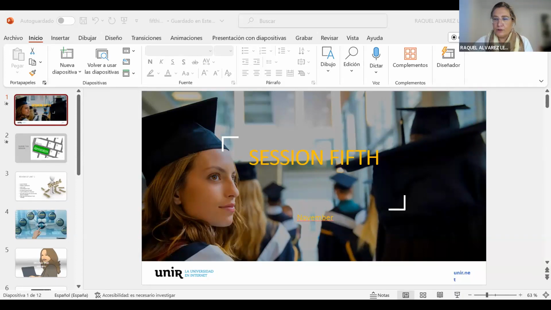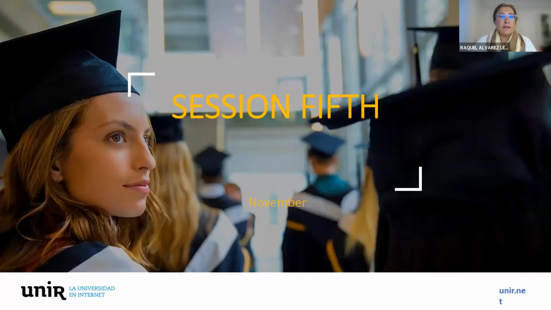In this 5th session, the first thing I'm going to do is to introduce what we have done until this moment and what we are going to do from this moment on, including also the second task you have to do as part of the 3 tasks you have to complete throughout this subject.